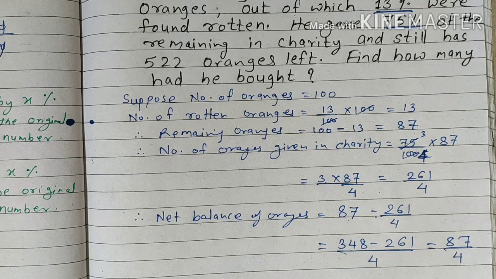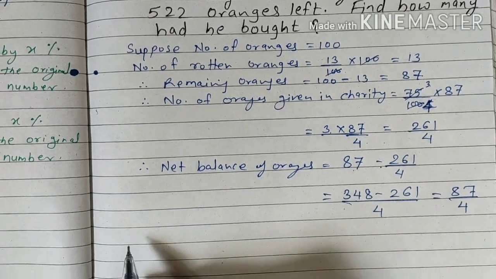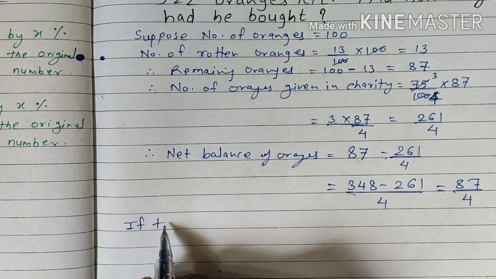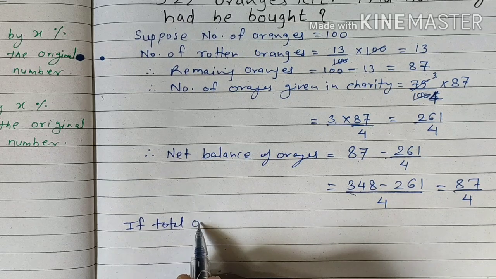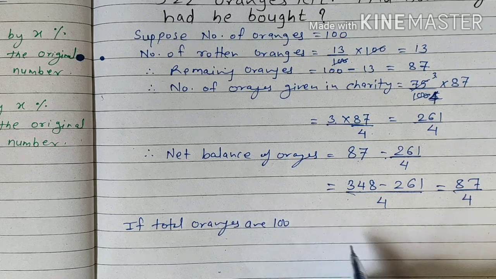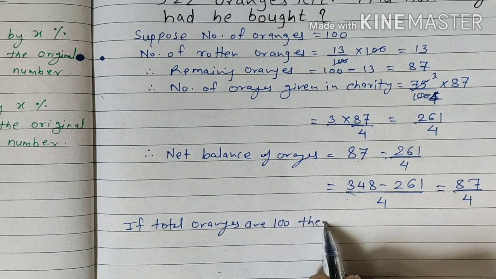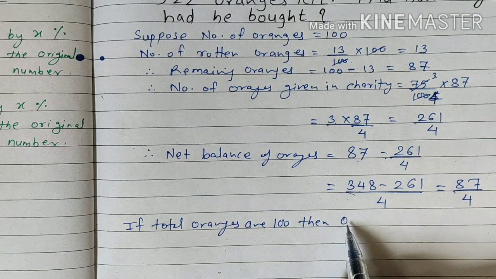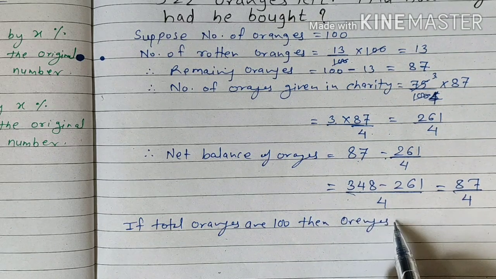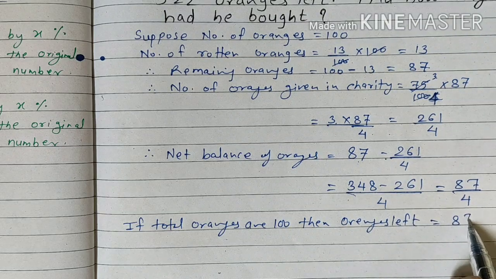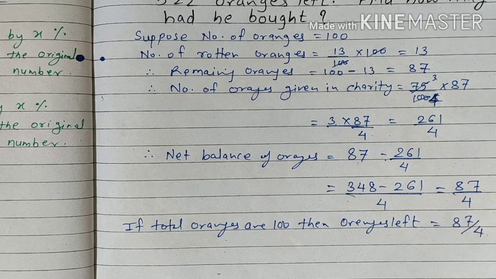Now in our question, if total oranges are 100, then oranges left is how much? 87 by 4. Got it?